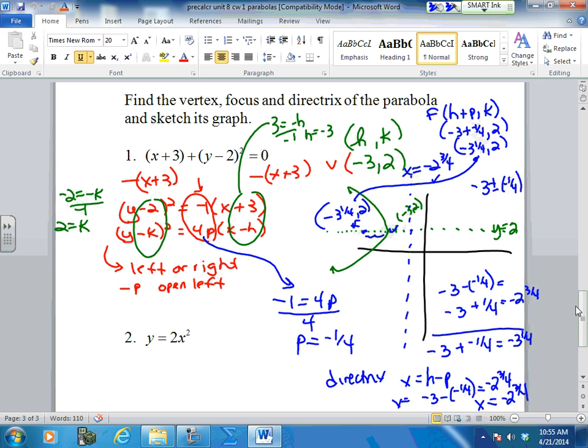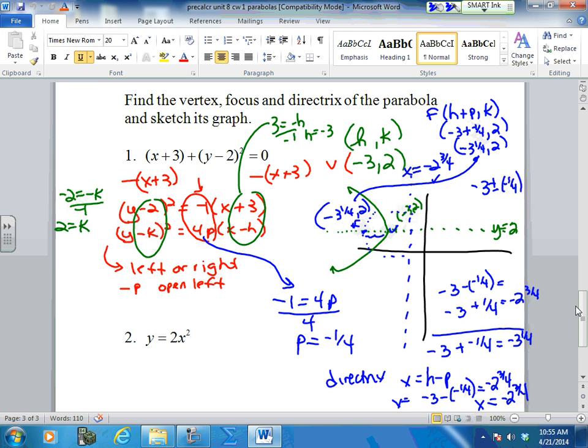Your focus is engulfed inside your parabola. It's inside the parabola. Your directrix is the equal distance away from your vertex point, but your directrix is a line. So basically, anytime we go out like this and then down to our line, we know they'll all be equal.